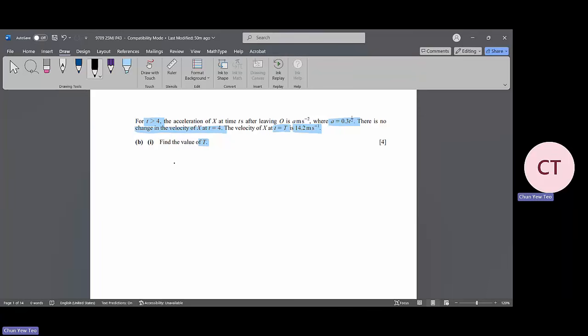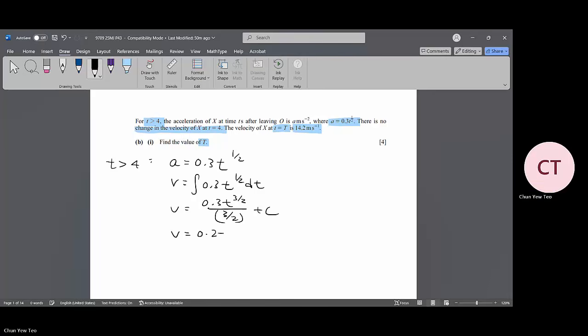Now over here, for t greater than 4, your a is given as 0.3 t power half. We need to find the velocity, that means we need to integrate. If you integrate, you will get 0.3 t power 3 over 2 divided by 3 over 2 plus c. Simplify it, you will get 0.2 t power 3 over 2 plus c.